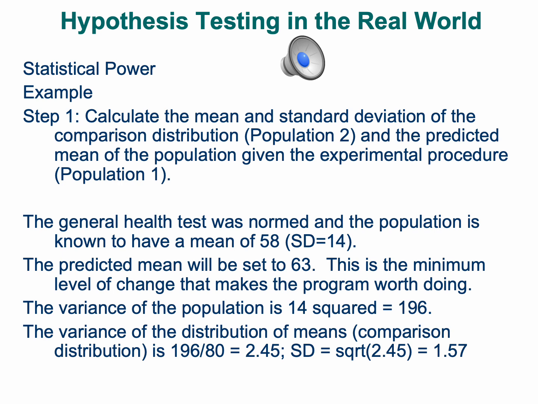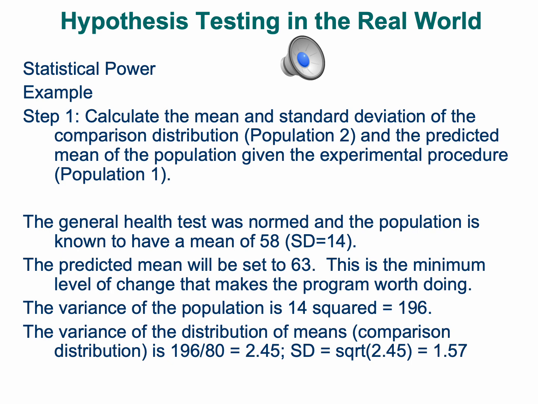Well, the general health test, which is the dependent measure, was normed, and the population has a mean of 58 and a standard deviation of 14. Now, it's pretty unusual to have known population parameters like this in the real world, but to make these calculations and comparisons easier, this has been given to us. So we have a mean of 58 and a standard deviation of 14 for the general population.